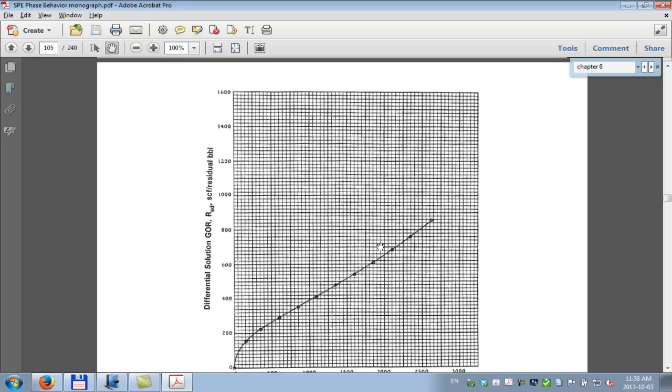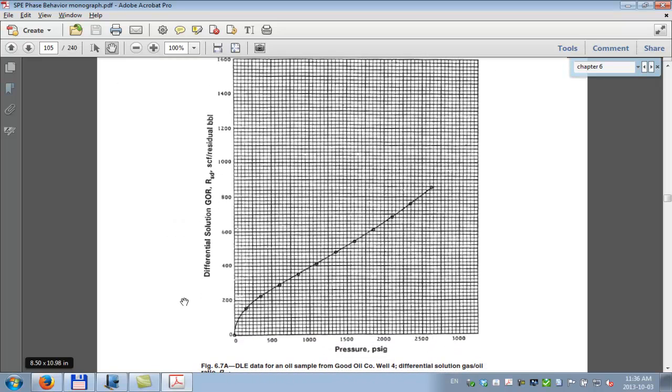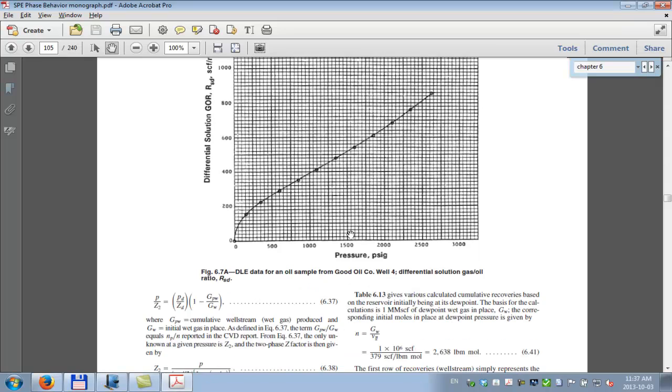This is a plot of this differential solution GOR versus pressure. You can see that it's decreasing, and basically the difference between what you start with and what you have in solution, that difference would be your gas that has evolved during depletion.